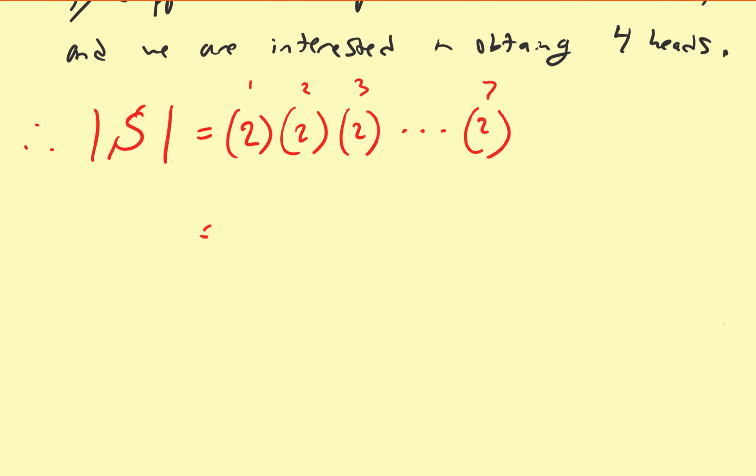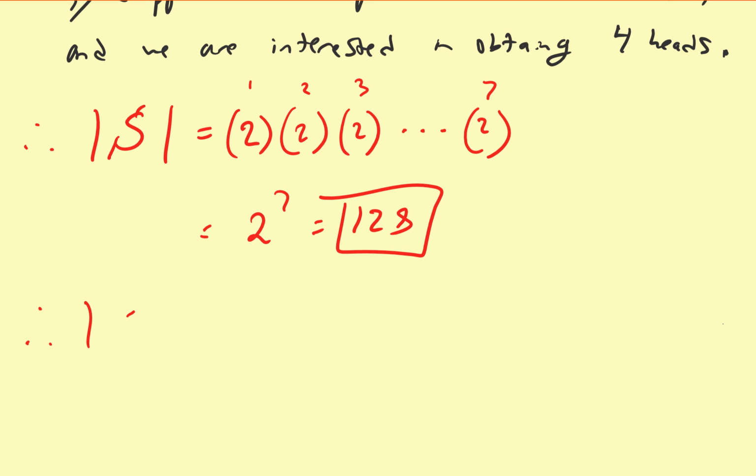So that means this is going to be equal to 2 to the 7th. And let's see, what does that come out to? 2 times 2, 3, 4, 5, 6, 7. So that's going to come out to 128 possible outcomes.